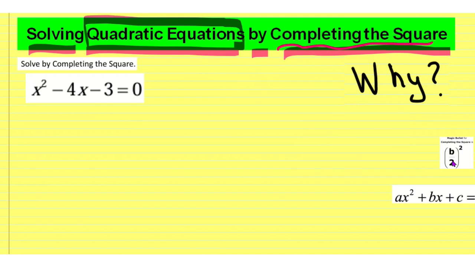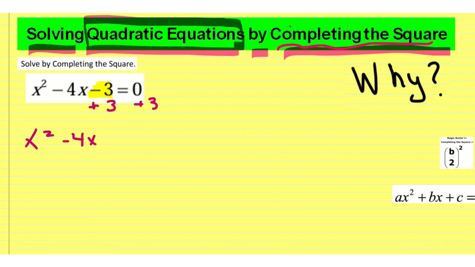Okay, so here we go. We have decided that this negative 3 is not working for us, so we're going to move it out of our way. We're going to add it to both sides of the equal sign. So we're going to rewrite it as x squared minus 4x.